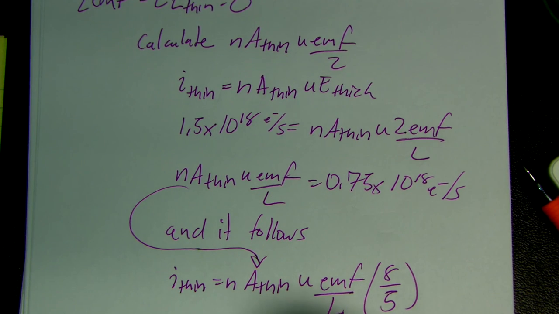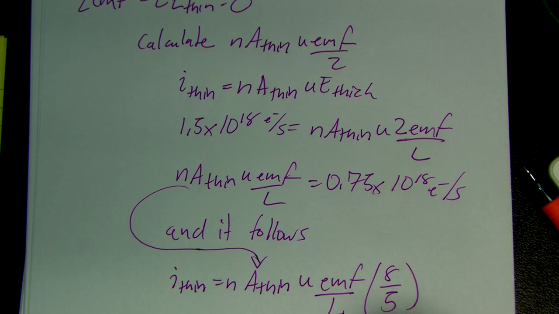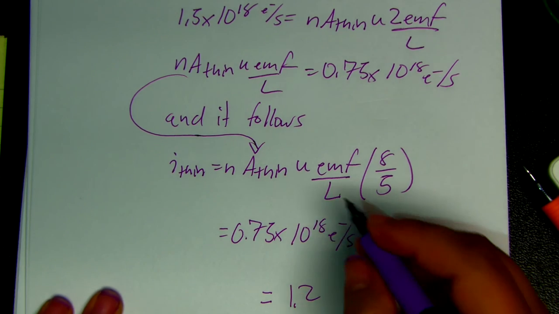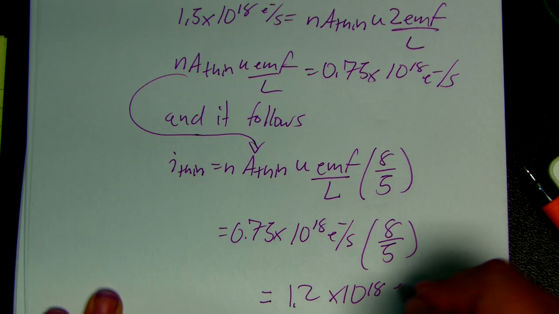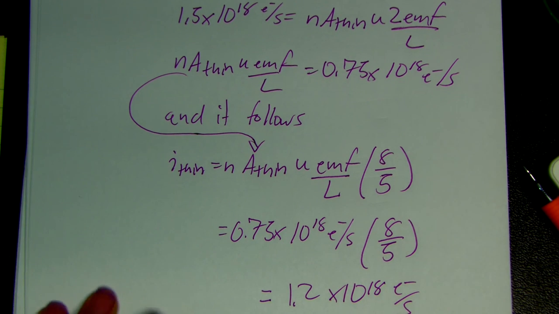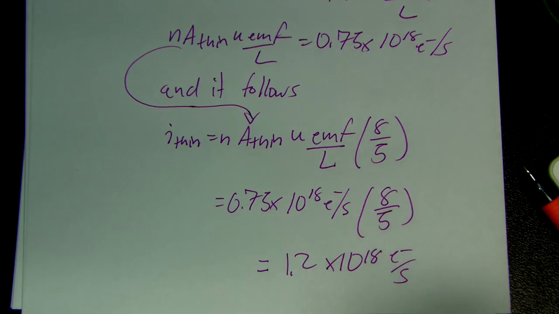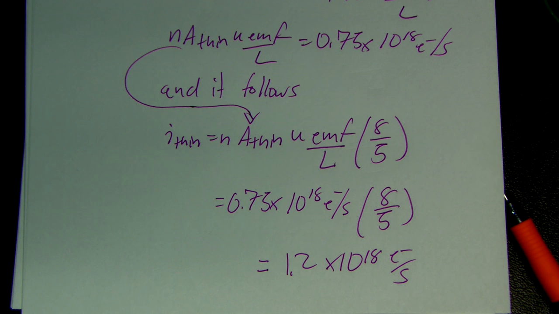So this is equal to 0.75 times 10 to the 18 electrons per second times 8/5, which is equal to 1.2 times 10 to the 18 electrons per second. And we assumed that the lengths were the same. We assumed an ideal battery, and we neglected any connecting wires. So that is how you do the long part of 47.